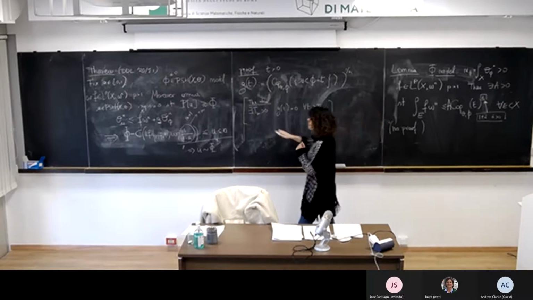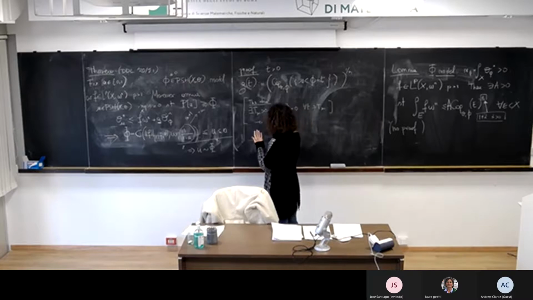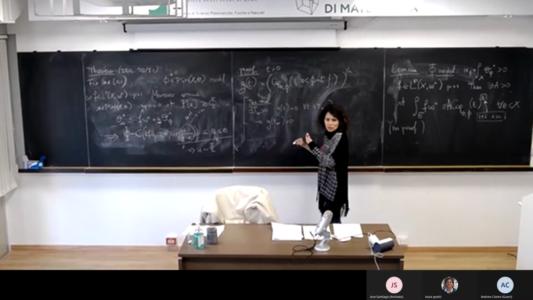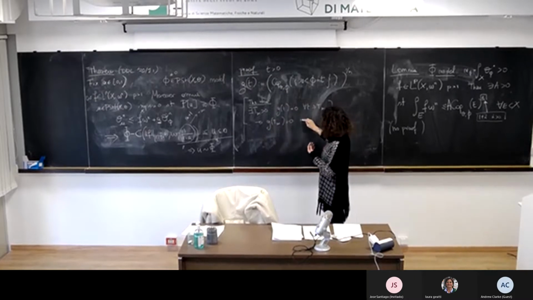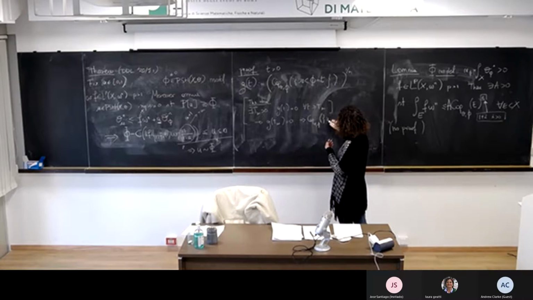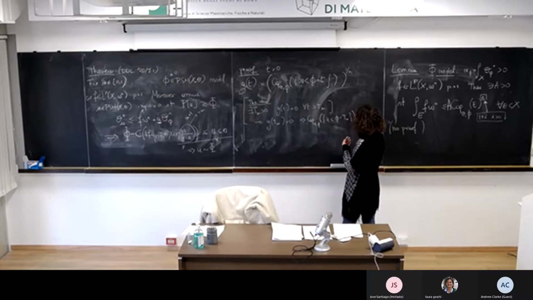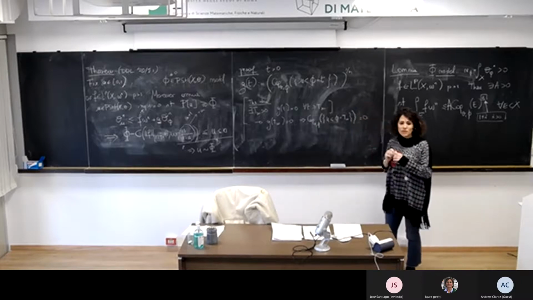So this is the point. Because this would imply that, in particular, g of t infinity is equal to 0. And then this implies that the capacity of the set u less than phi minus t infinity is equal to 0, right?